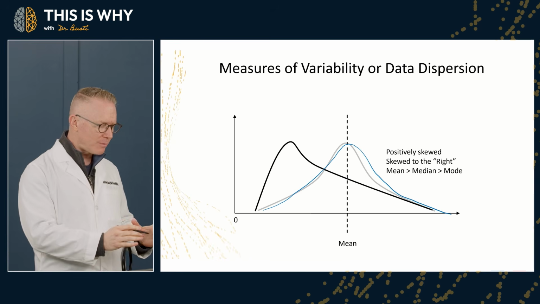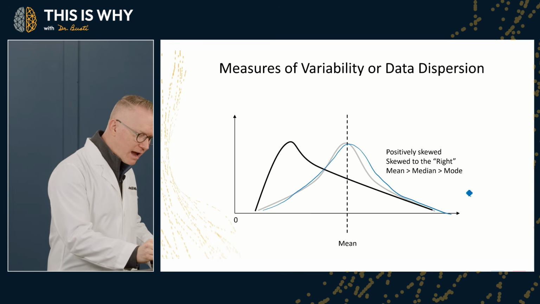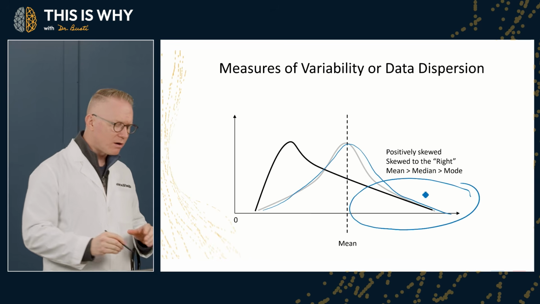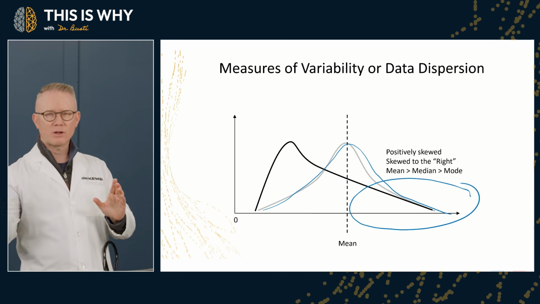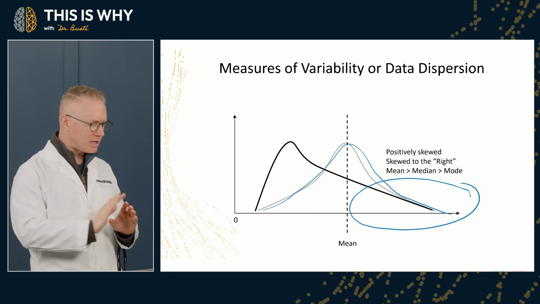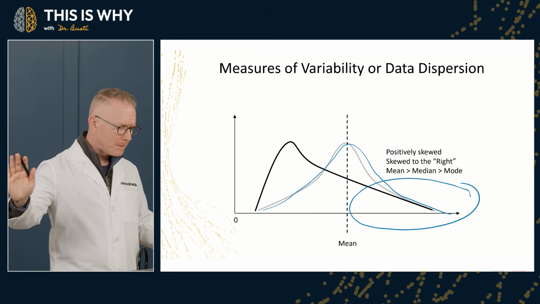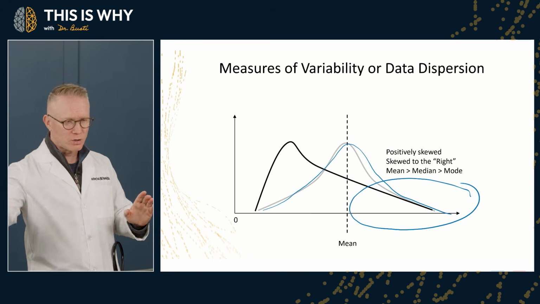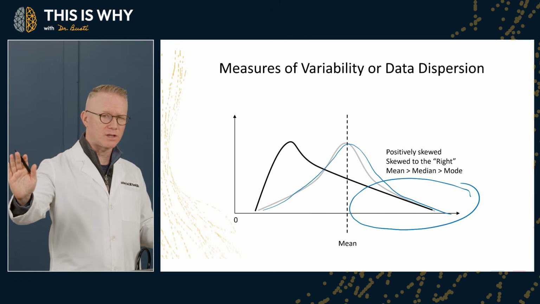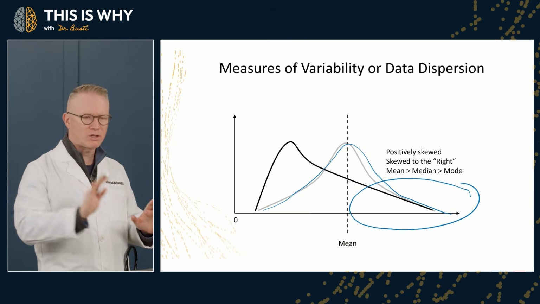In this example, where you see the tail over here, that is to the right. It is positively skewed because on the x-axis, the numbers are getting larger as you go over, right? It's skewed to the right because that's the direction the tail is going. Something is pulling it to the right.